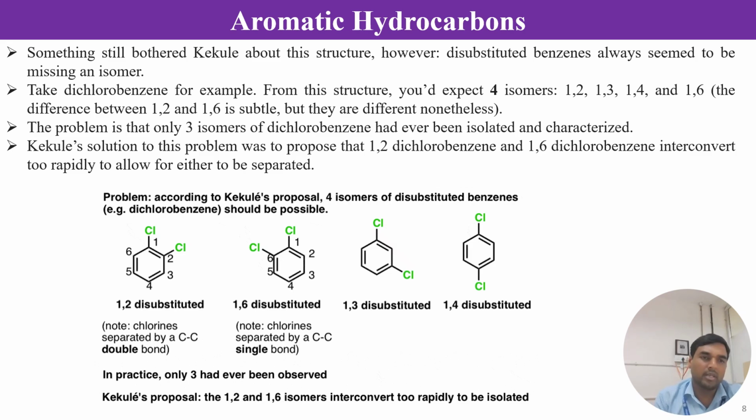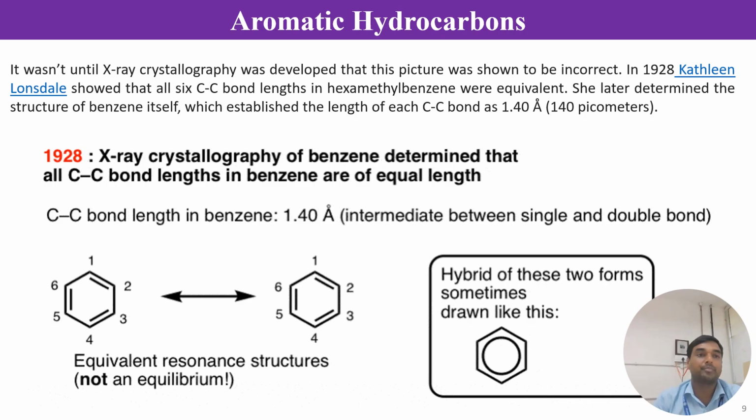We can make 1,2, 1,6, 1,3 and 1,4, yet people used to extract or synthesize only three isomers. Why not four? From there, he proposed that 1,2 and 1,6 are equivalent, and if they are isomers, they are interconvertible very rapidly, and that's why it is very difficult to separate.